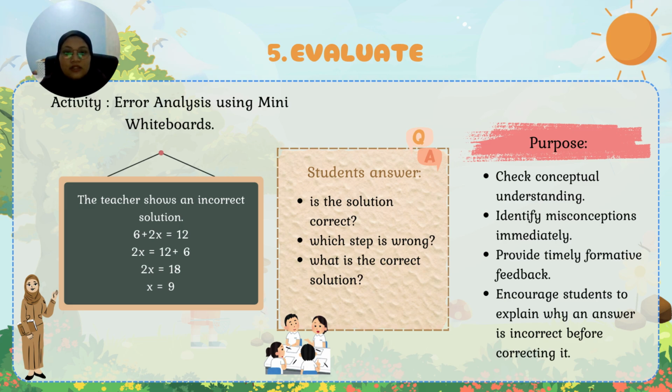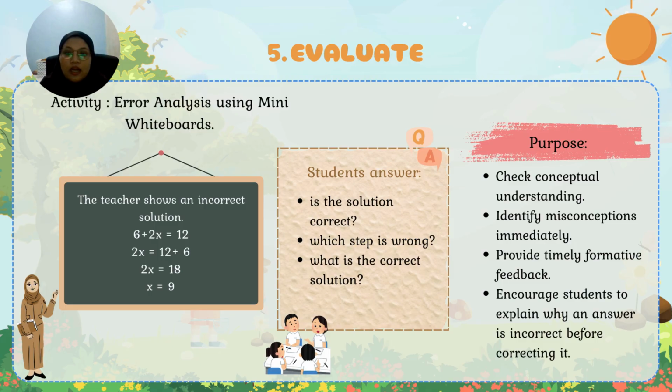Last but not least, the evaluate phase. So the activity is error analysis using mini whiteboards. Each student will get a mini whiteboard in their hands, and they need to show it at the same time after they have finished answering the questions.